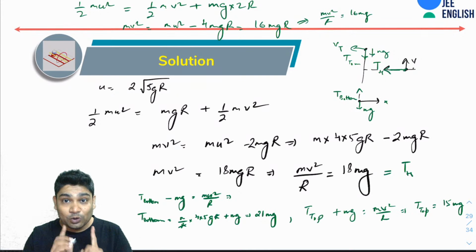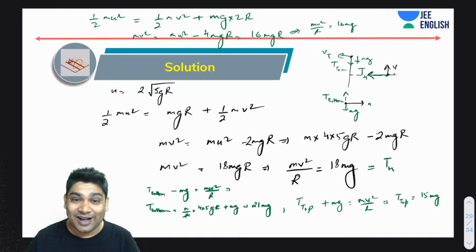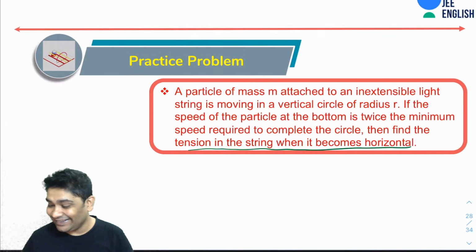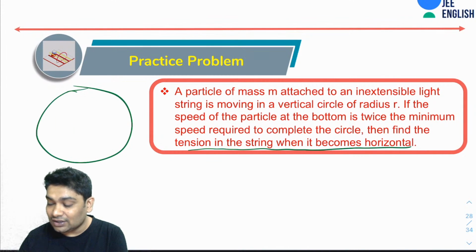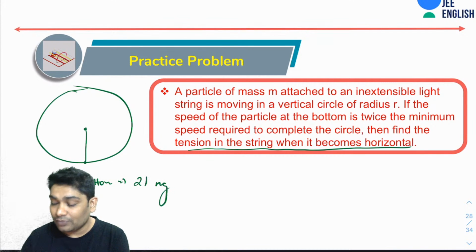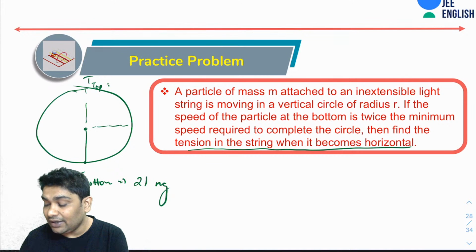Now I wanted to show you one thing very, very interesting. When you're moving in a vertical circle, you realize here T bottom comes out to be 21 mg. T horizontal was 18 mg, right?